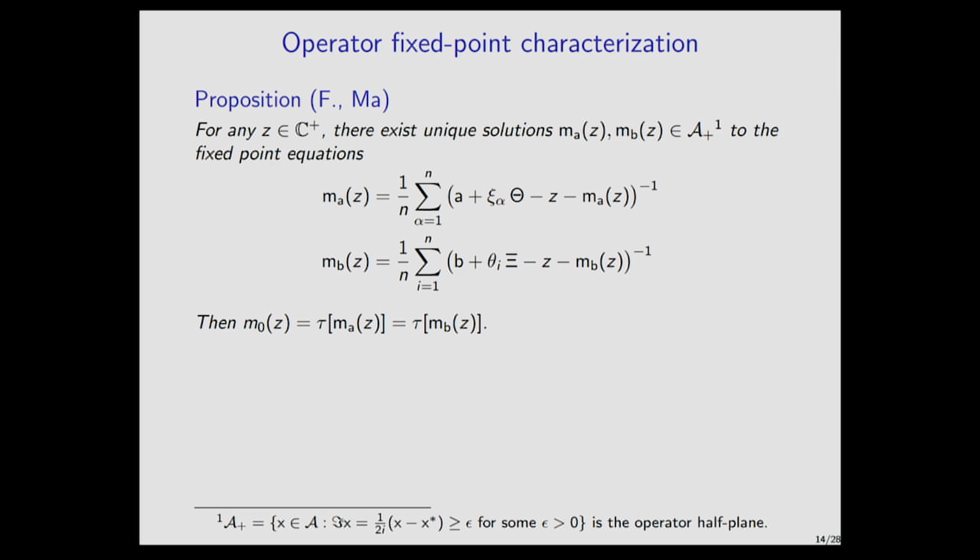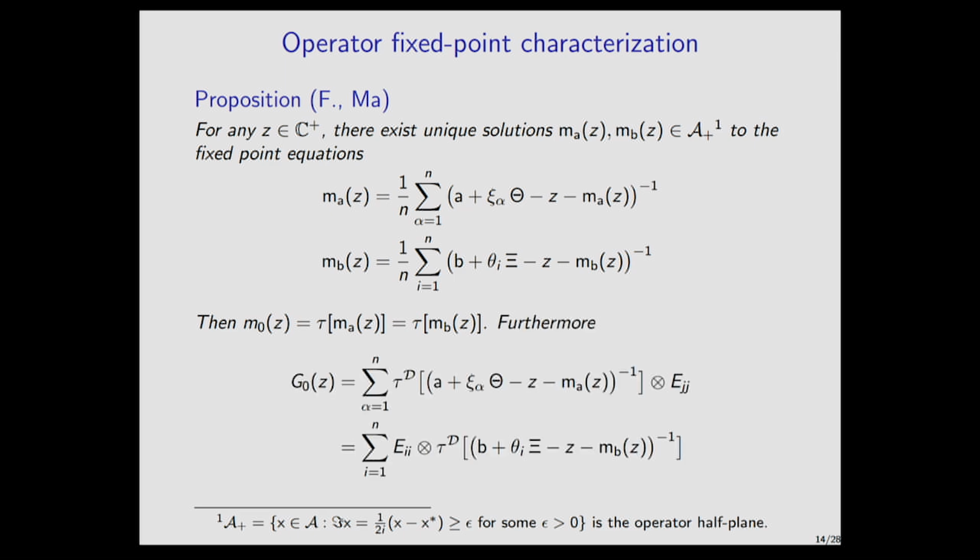But the solutions are to be understood in this operator algebra space. Then the Stieltjes transform approximation is given by the trace of either of these two things, and I can furthermore construct from this approximation for the resolvent. Okay, but I don't have a characterization in terms of purely scalar fixed point quantities.